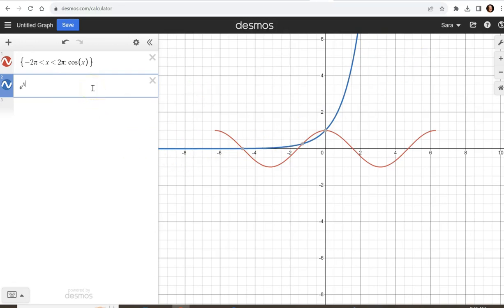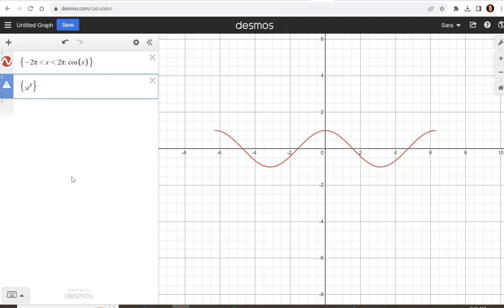And I'd like to add a restriction here to the output values, or the y values that I'm considering. And so I'll need to use syntax similar to what I used when I was restricting the domain of the cosine function. I'm going to need to add in braces surrounding my function. I will need my restricted range to fall to the left of a colon. And the function for which I'd like to see on that restricted range needs to be to the right of the colon.